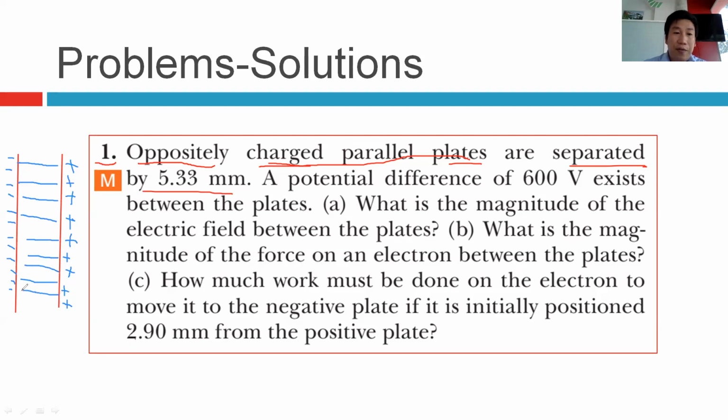And if the length of the plate, here is L, is larger than the distance between the two plates, this is D, if L is larger than D, we can treat the electric field inside this area as uniform.